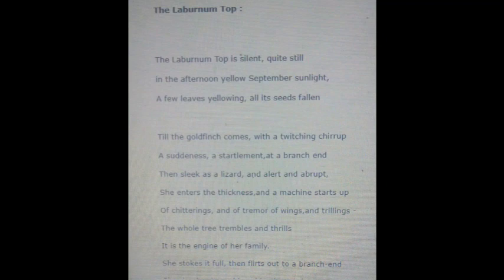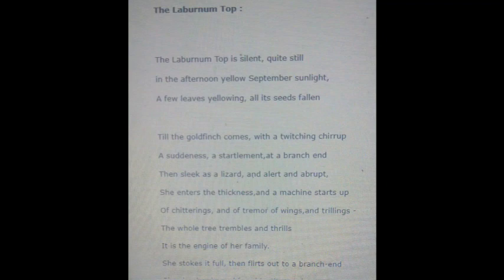So with a twitching chirp; chirp means the regular sound made by birds, chirping sounds. A suddenness means sudden movement. Startlement means this bird comes at once, and amazement, you can say, startlement at a branch, and this bird comes on the end part of this branch, then sleek as a lizard.